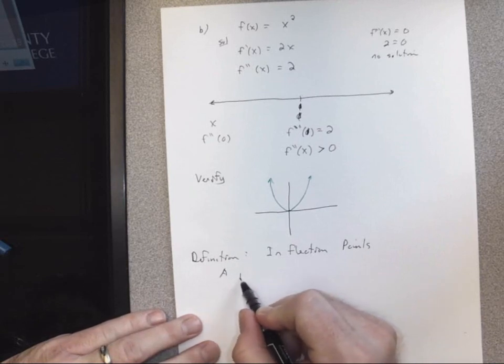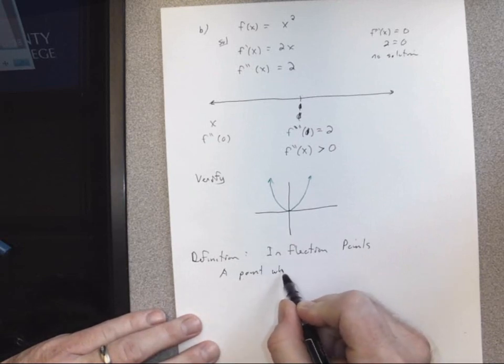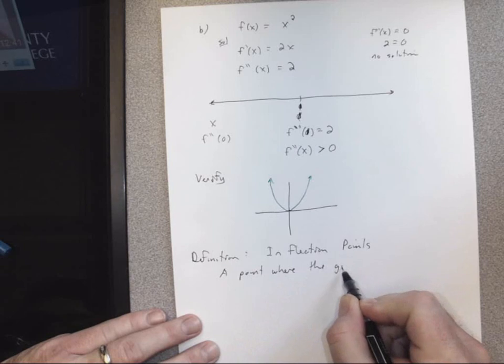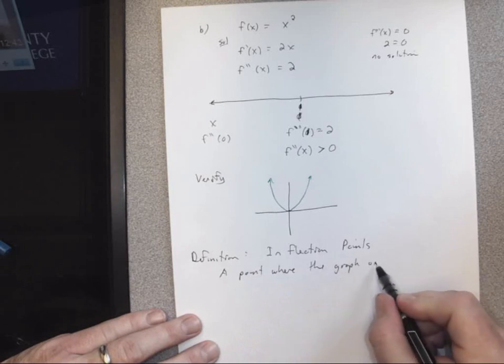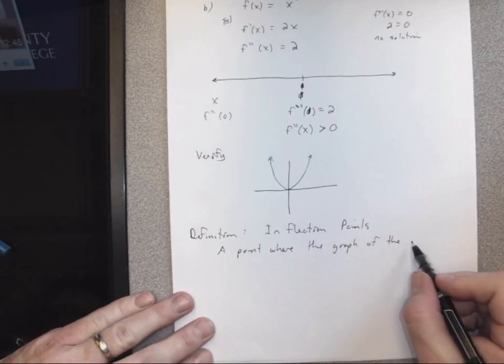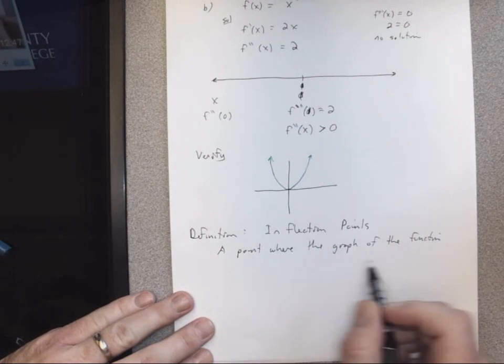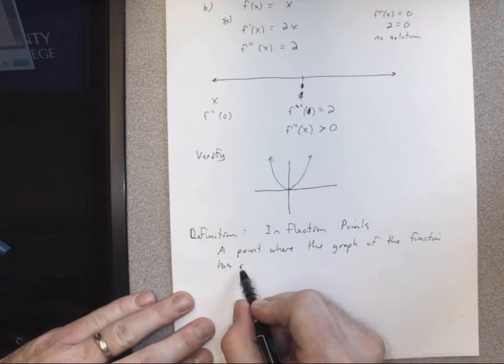So a point where the graph of a function has a tangent.